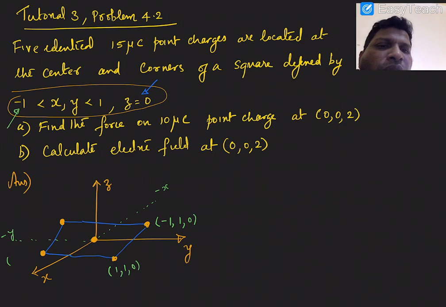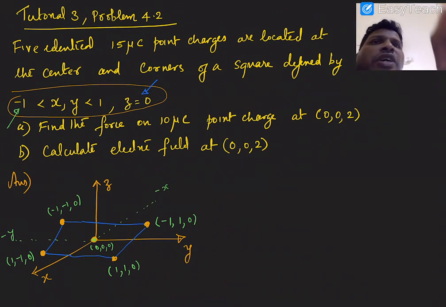The third one is x positive, y is -1, and z equal to 0. The fourth one is x is -1, y is -1, and z equal to 0. And at the origin there is one charge, so it is 0, 0, 0. So this is the location of the charges.